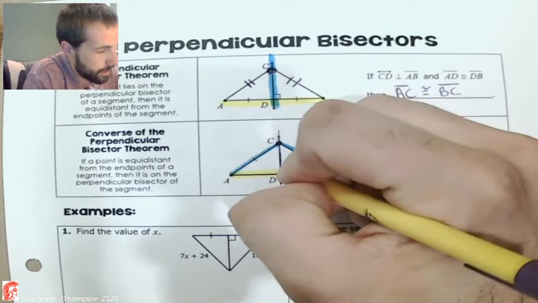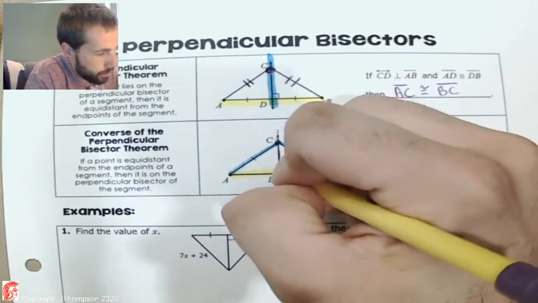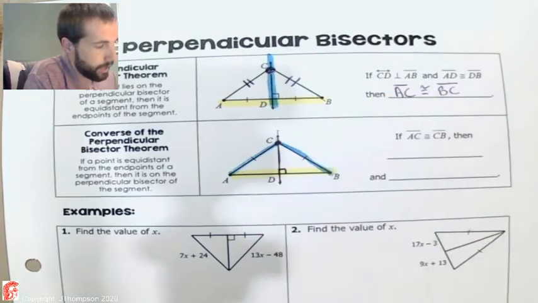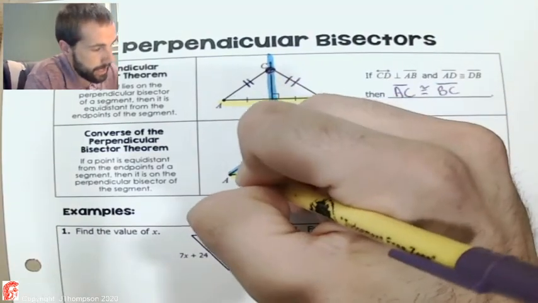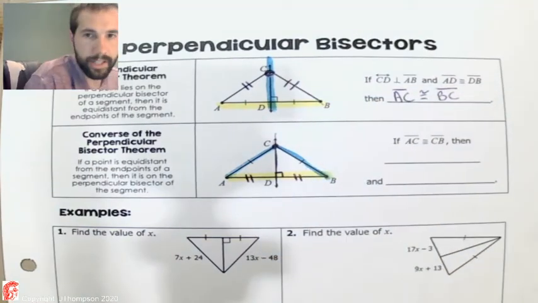So that means that CD and DB are perpendicular, so it would make a right angle, and it means that AD is congruent to BD. So that's called the converse.